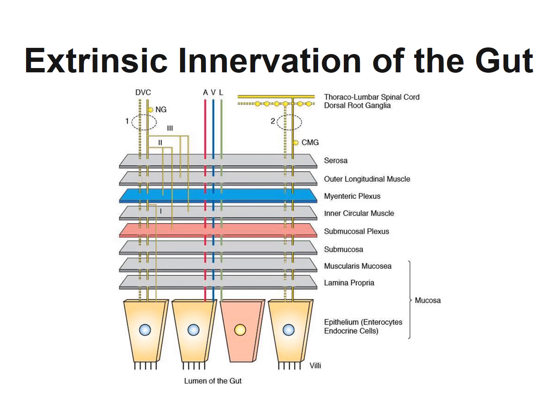This is denoted in this diagram by a little yellow circle called NG. NG stands for nodose ganglia. This is where the cell bodies of the afferent vagal fibers are located.